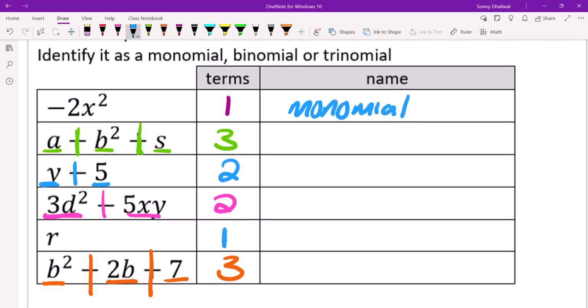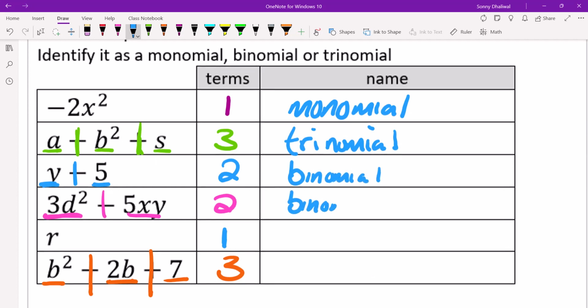Something has 3 terms. What is it called? Come on, try. Tricycle. Try. No, nomial. Okay. 2 terms. What is it called? Binomial.